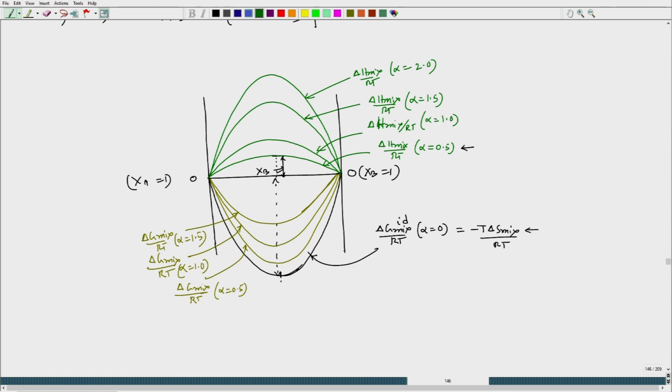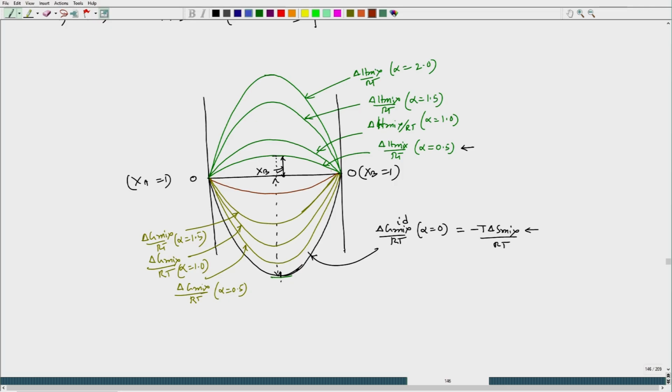Now, I see that the midpoint values of delta H mix by RT and delta G mix by RT, one positive and one negative, are coming very close, almost similar to each other. But this value is still a little less than this value. So, I can have a plot like this. Now, I can take a different color. Okay.